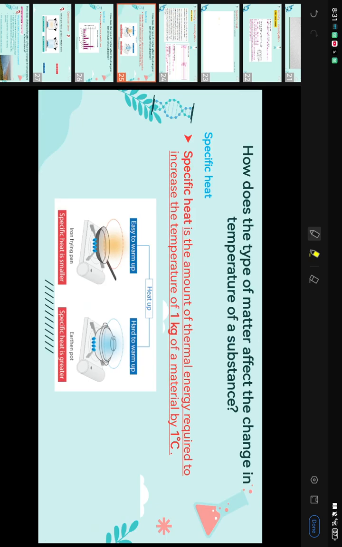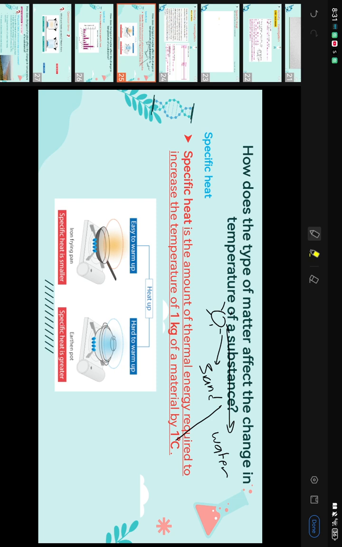So now let's speak about specific heat. How much time does it take to raise the temperature? For example, if we have two different materials, for example water and sand, both of them take the sun for the same amount of time.